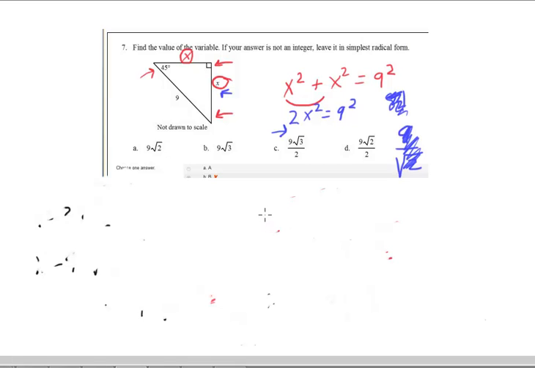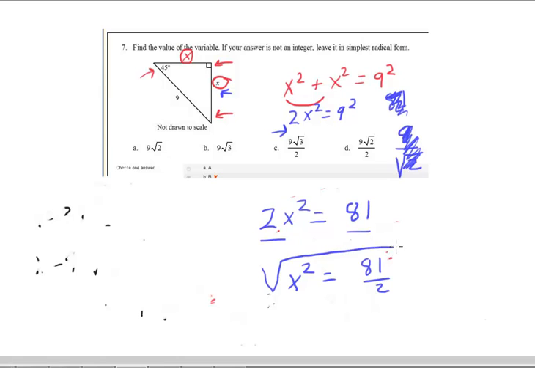Okay. So again, we got 2x squared equals 9 squared, which is 81. Divide both sides by 2. We got x squared equals 81 over 2. Take the square root of both sides, and that would leave me with x equals 9 over the square root of 2.